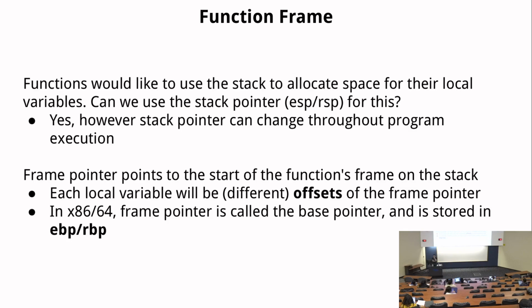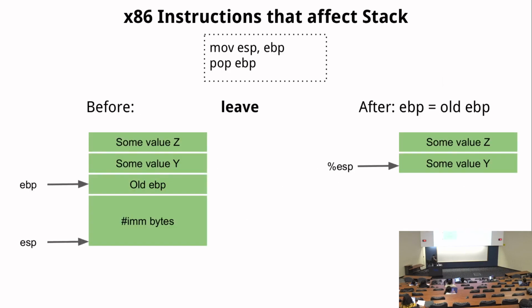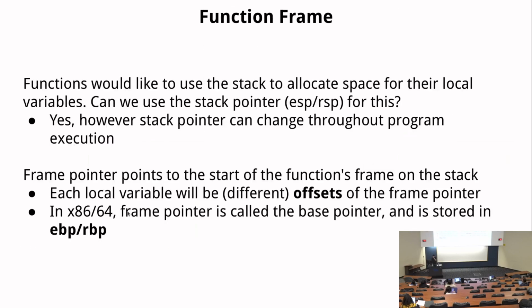Functions use the stack to allocate space for their local variables, just like what we said here. This space is allocated for local variables. The frame pointer, which is the EBP base pointer, points to the start of the function's frame on the stack.